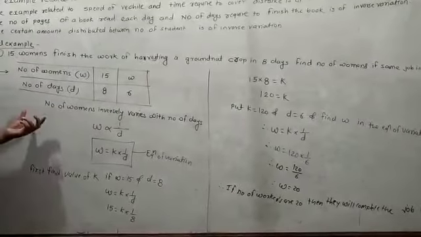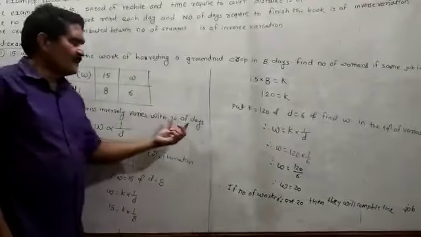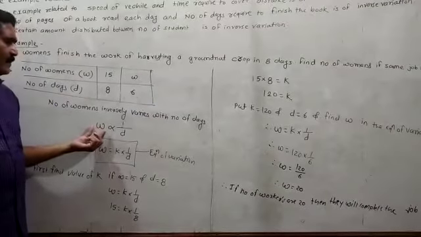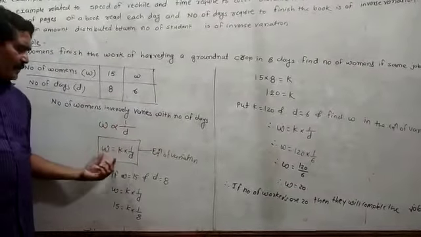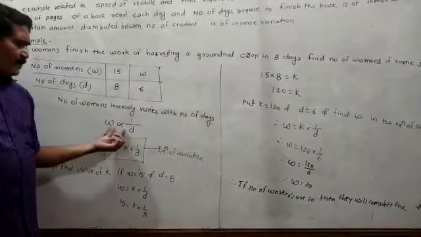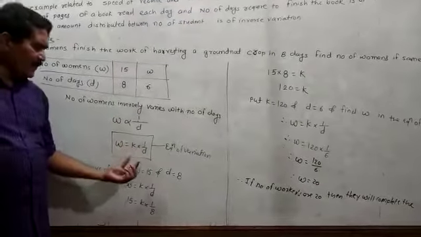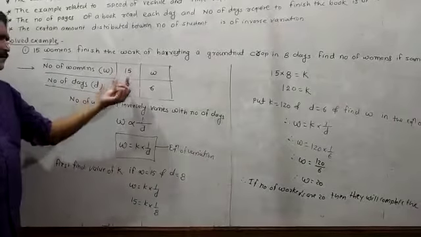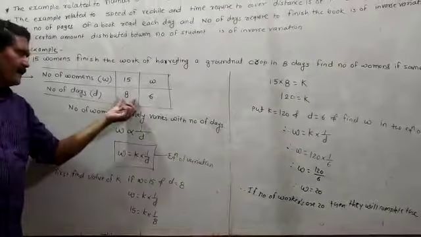The number of women varies inversely with the number of days. So W is inversely proportional to D. Removing the proportionality sign, W is equal to K into 1 upon D. You have to find the value of K when W is equal to 15 and D is equal to 8.